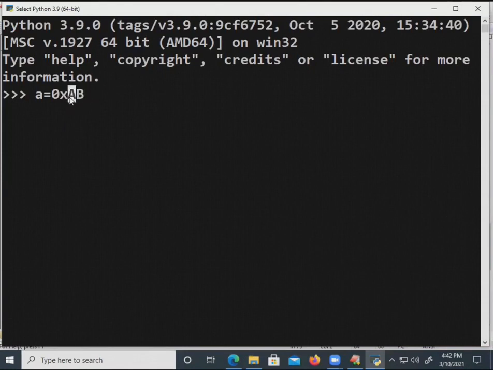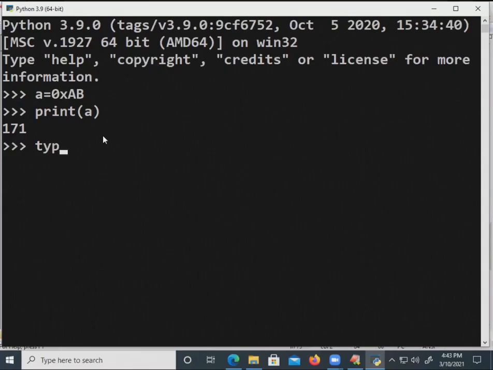What is the value of A? 10 into 16 is 160, plus B, which is 11. 160 plus 11. Now print it: print of a gives 171.